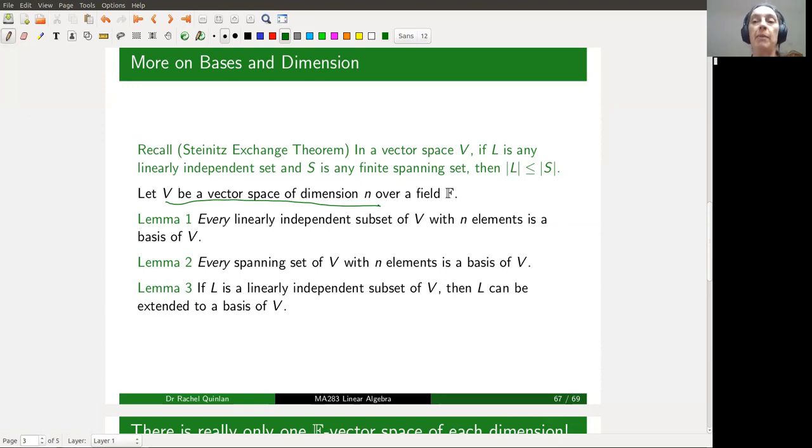Okay, and the reason why that must be true, just to give a line of proof for lemma 1 here: if we have a linearly independent set with n elements and it's not a spanning set, then there's some element of the vector space that isn't in its linear span. So let's say that L is v1 up to vn, and is linearly independent.